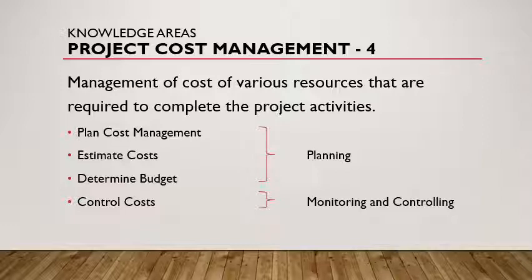During the planning stage, the processes plan cost management, estimate costs and determine budget. These 3 processes need a focus on cost management. During the monitoring and controlling stage of the project, the process control costs needs an application of a domain expertise on cost management.